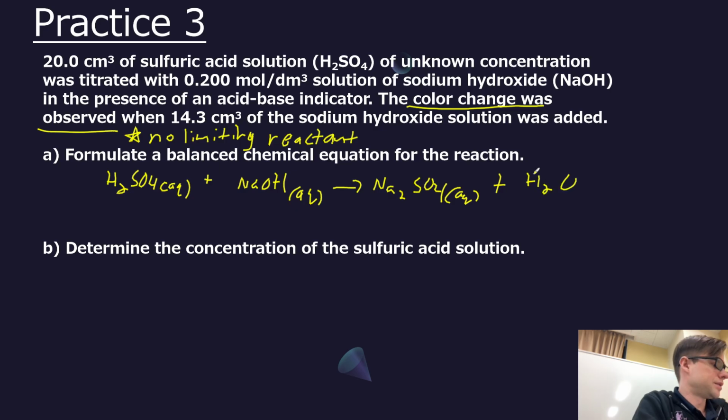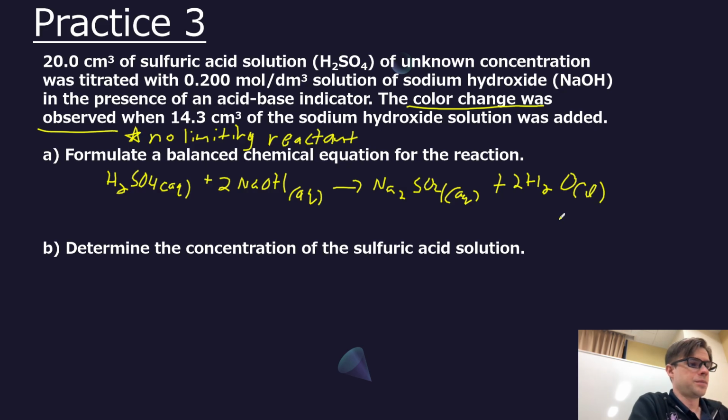Is this balanced? No, we need 2 sodiums, and we need to react with those 2 protons in sulfuric acid. This will produce 2 waters, 1 for each proton. But that's essentially it. Liquid water.